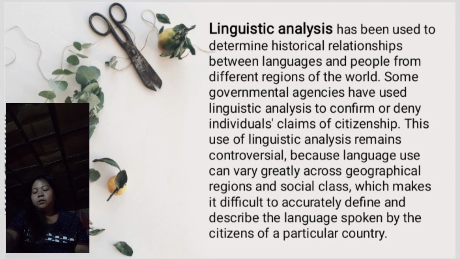Some governmental agencies have used linguistic analysis to confirm or deny individuals' claims of citizenship. This use of linguistic analysis remains controversial because language use can vary greatly across geographical regions and social class, which makes it difficult to accurately define and describe the language spoken by the citizens of a particular country.